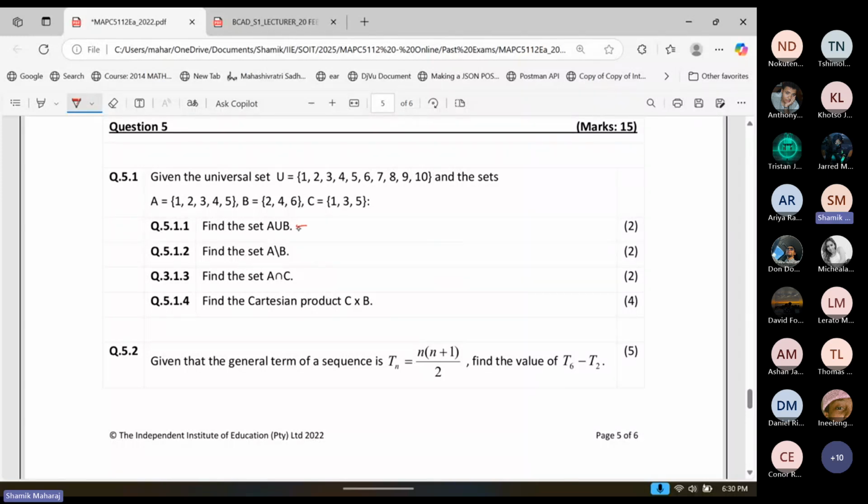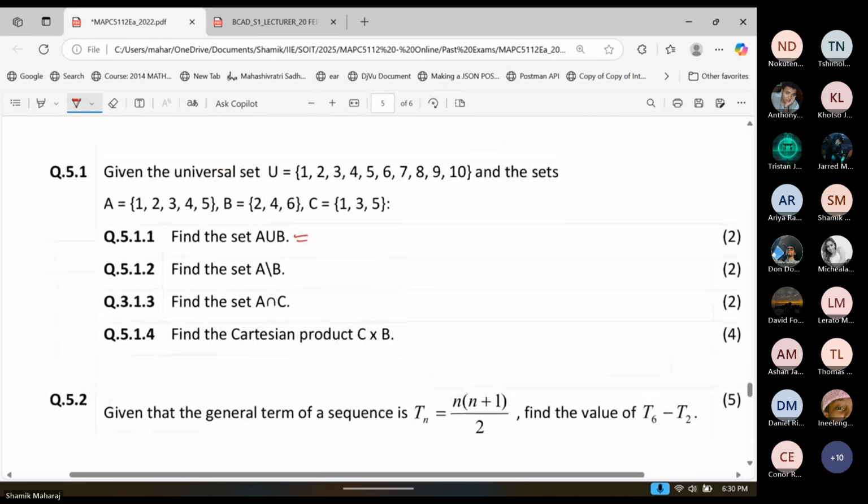So A union B is equal to, can I zoom in a bit here? Is equal to whatever A is, which is just 1, 2, 3, 4, 5, combined with whatever B is, which is 2, 4, 6. So I could just write 2, 4, 6 here if you wanted to, but remember repeats don't matter.